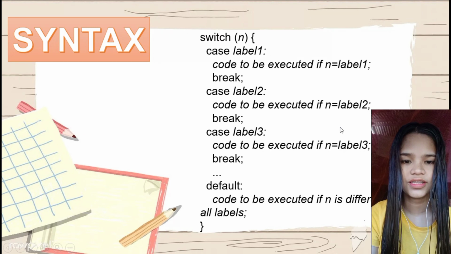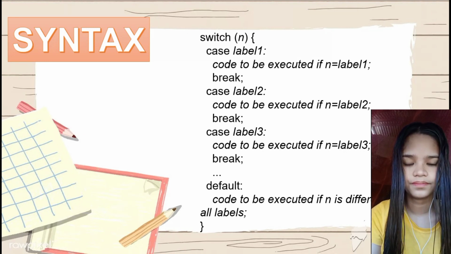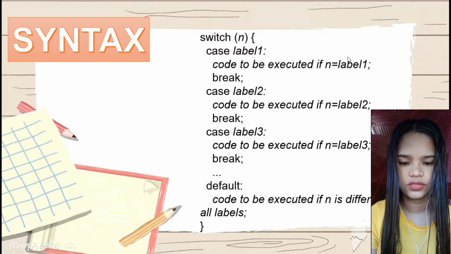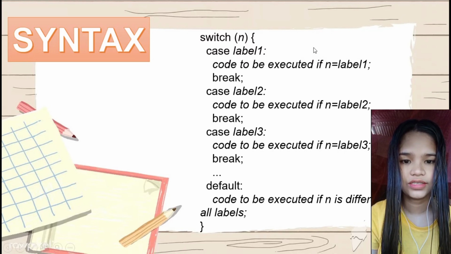So, here's the syntax of switch statement. So, this is how it works. First, we have a single expression. Kini siyang n nga ginatawag nga variable. That is executed once.